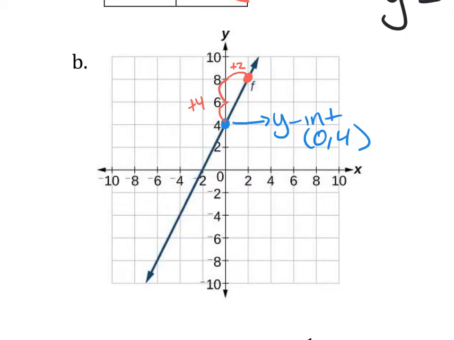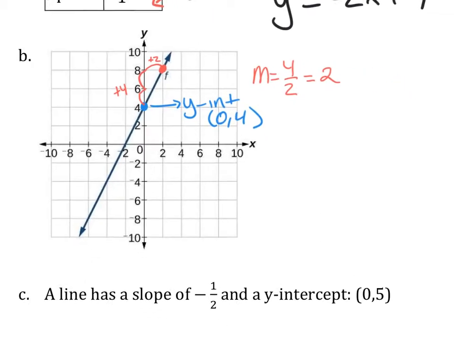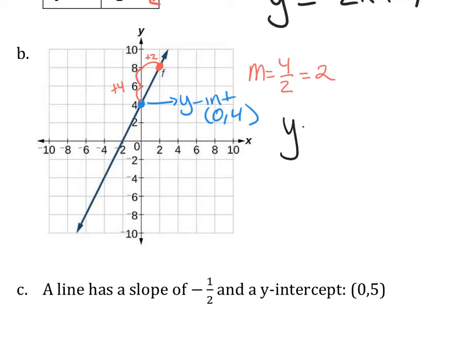So if we do our rise over run, it's really 4 over 2, which is just 2. So then we can write it in our slope-intercept form. y equals mx, so 2x, plus b, so plus 4.